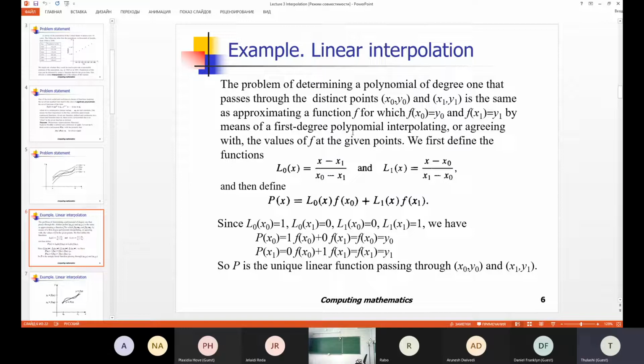You should use x0 instead of x. Again, x0 and x1 and y0 and y1 are constants.